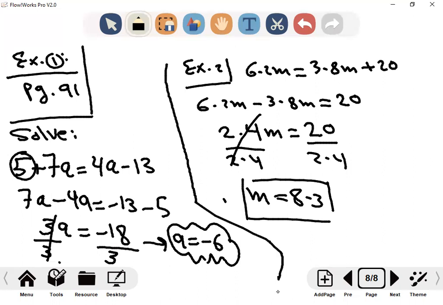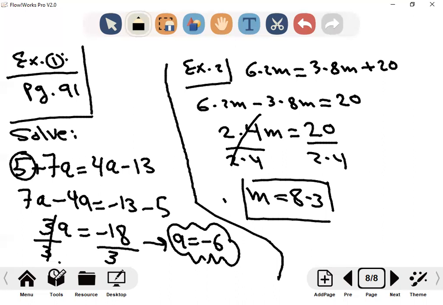Is it possible to have more than 2 variables in the equation? Different variables? Yes, well, the same variable. So it means like 6y in general, 8x. If it's the same variable, you can have as many as you want. But if it's a different variable, like x and y, say we have 5 plus 7a equals 4a minus 30.